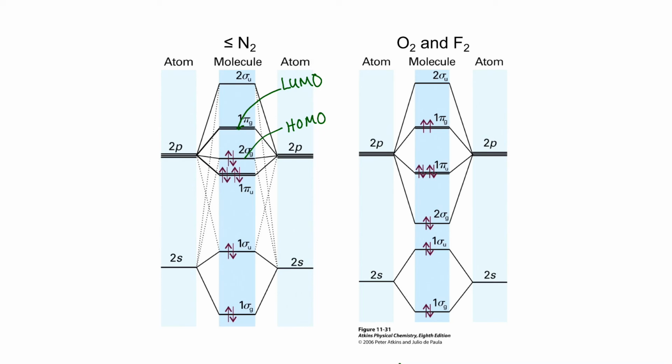And then the last thing I'll mention on this slide is that it turns out that the ordering of your molecular orbitals actually switches when you get to a certain atomic number. Okay, so as your atomic number increases, it turns out that the sigma 2p and the degenerate pi 2p orbitals like to switch.